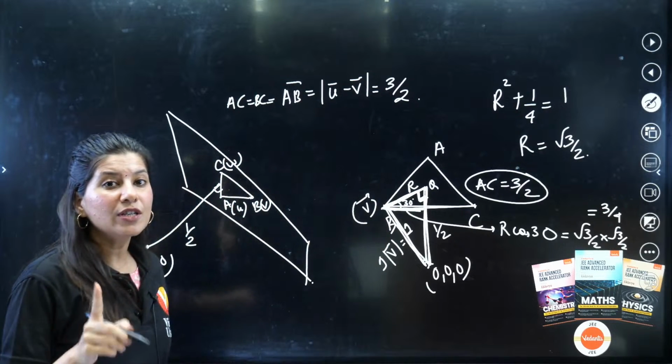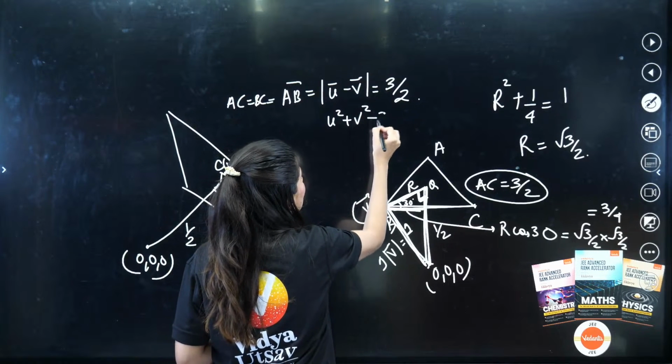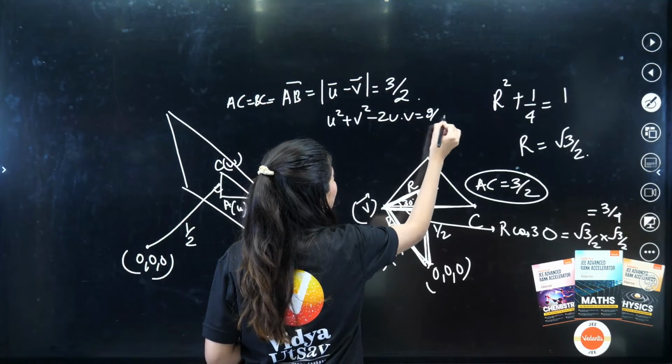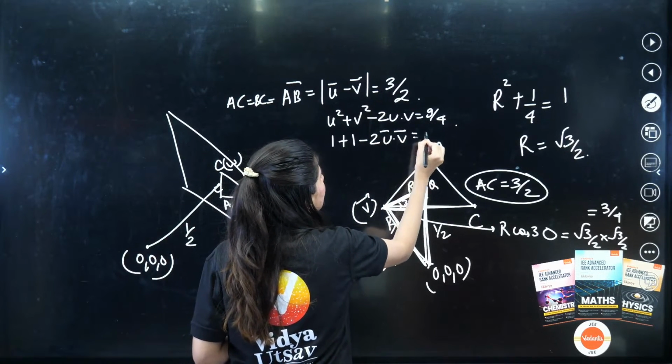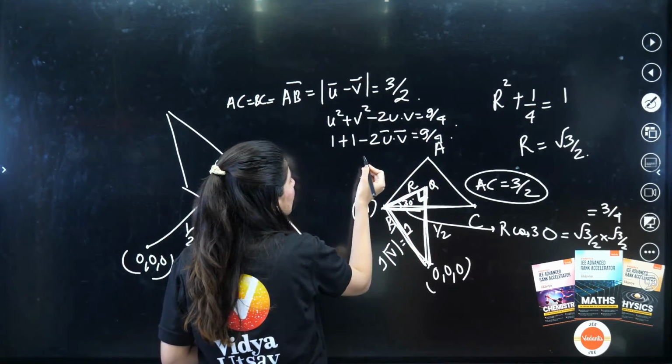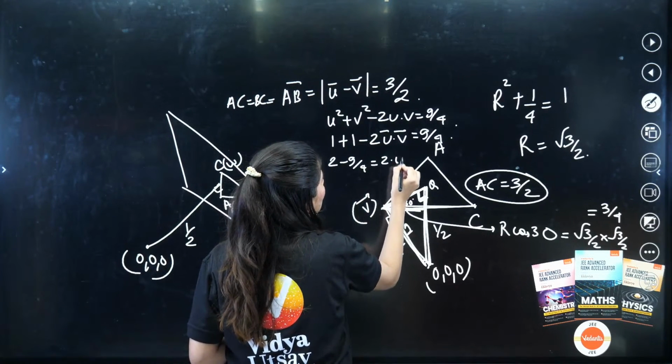What we were looking for is u dot v. Now you just square. So u square plus v square minus 2 u dot v is equal to 9 by 4. And 1 plus 1 minus 2 u dot v is 9 by 4. So 2 minus 9 by 4 is equal to 2 u dot v.